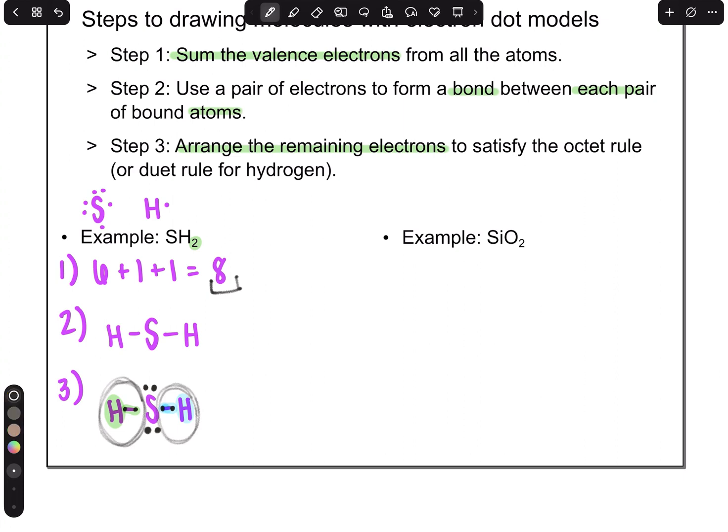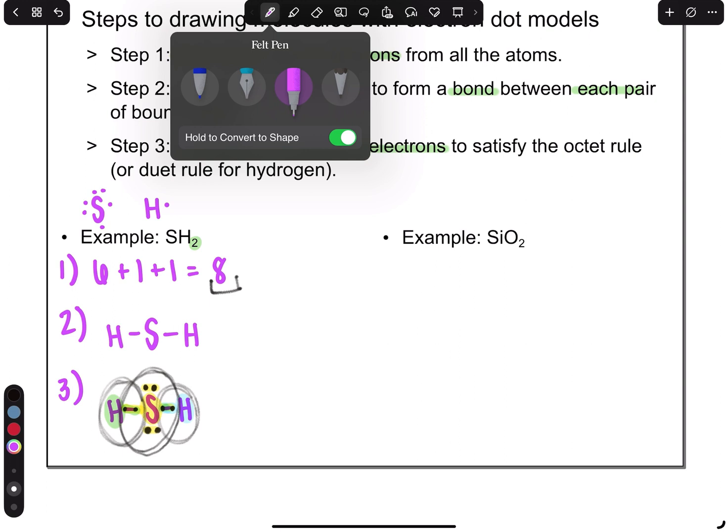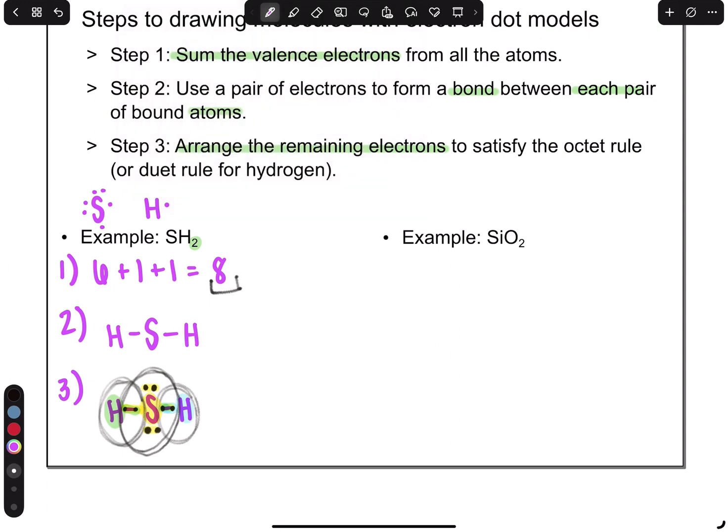So that so far is satisfied, which leaves sulfur in the middle. My sulfur in the middle has access to 2, 4, 6, 8 total electrons, which is exactly what it requires. So my molecule is a completely drawn molecule now that all my atoms satisfy the octet rule.